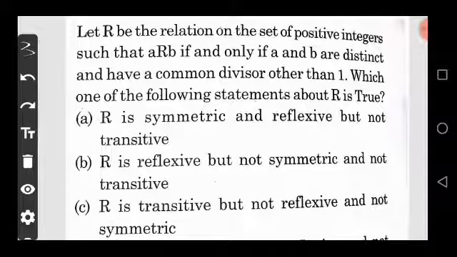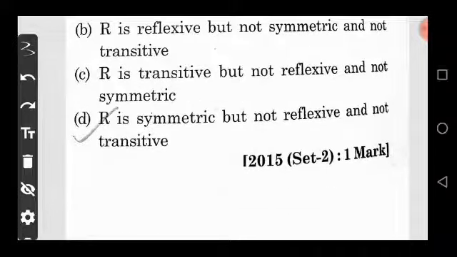Option B. R is reflexive but not symmetric and not transitive. Option C. R is transitive but not reflexive and not symmetric. And option D. R is symmetric but not reflexive and not transitive. This question was asked in 2015.